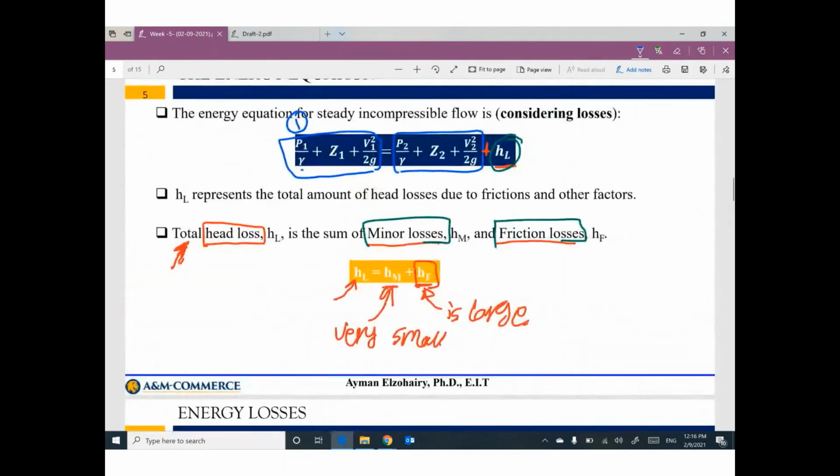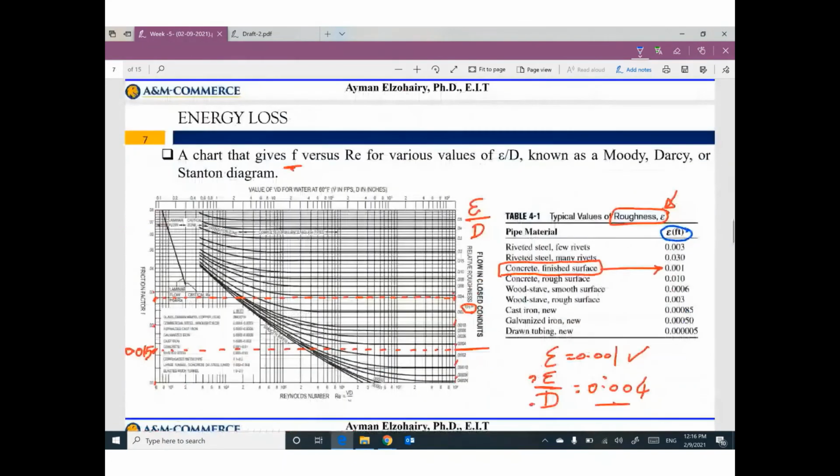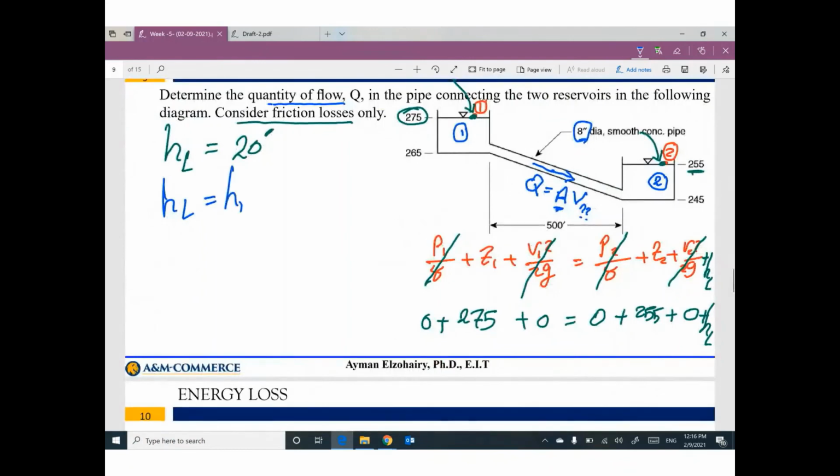This H loss is equal to H minor plus H friction. Because the problem said, please consider friction losses only, I will neglect this term.